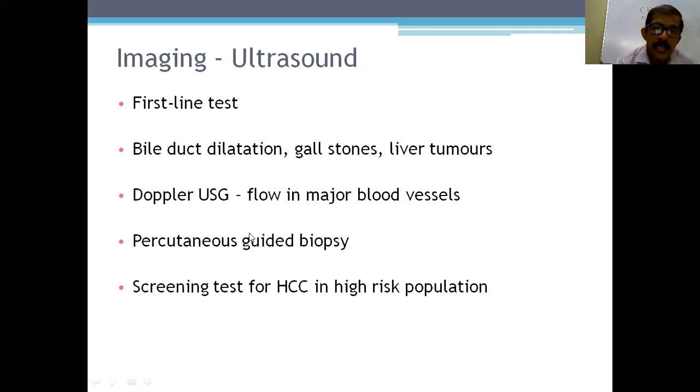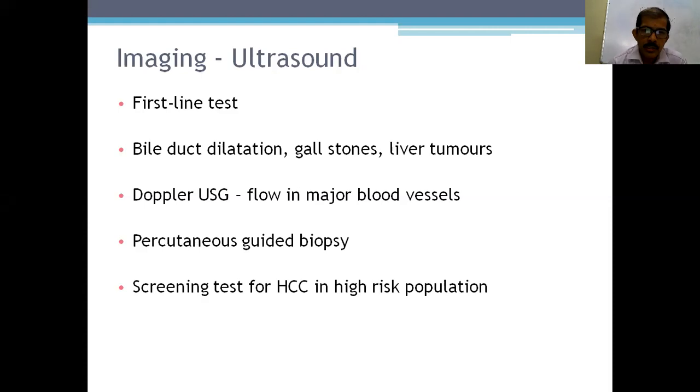If you suspect hydatid cyst, you better avoid it because it can sometimes lead to anaphylactic shock. So these are the three contraindications. One is bleeding diathesis, another is any blood vessel disease like hemangiomas and highly vascular tumors, and thirdly, hydatid cyst.